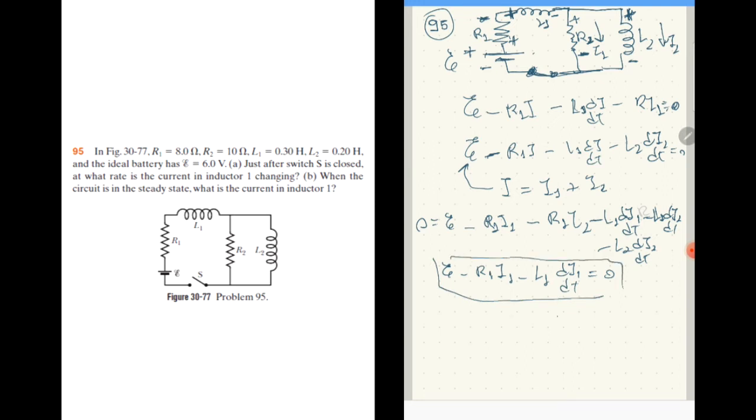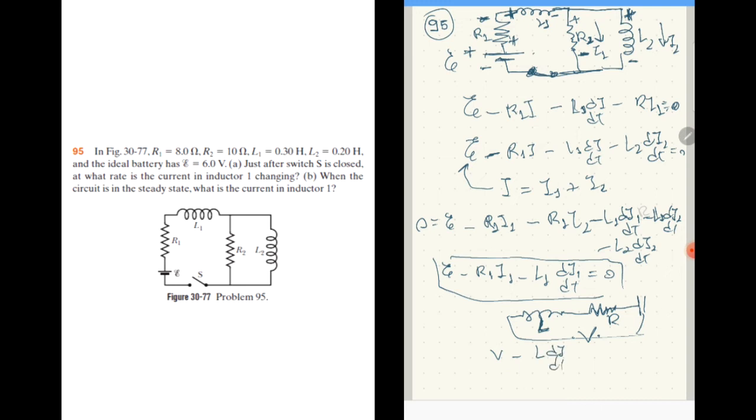This comes from the fact that when you have a circuit with an inductor and a resistor, there's a voltage difference between these two points. I think this is a horrible drawing, but anyway, this is L, this is I, R, and so V minus, what's the potential difference associated with an inductor?